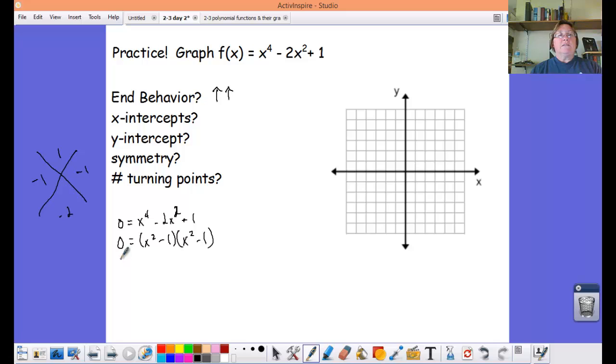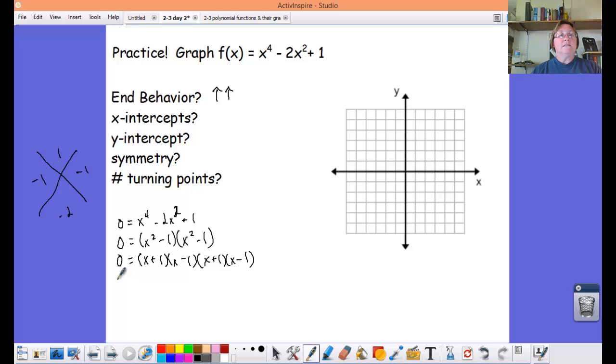Both of these factor using the difference of squares pattern, because that's a perfect square and that's a perfect square. We get x plus 1, x minus 1. The second parenthesis is going to have the same factoring, x plus 1, x minus 1.